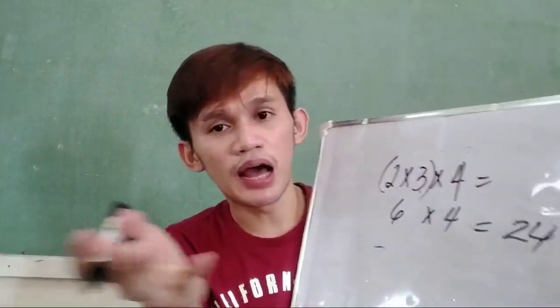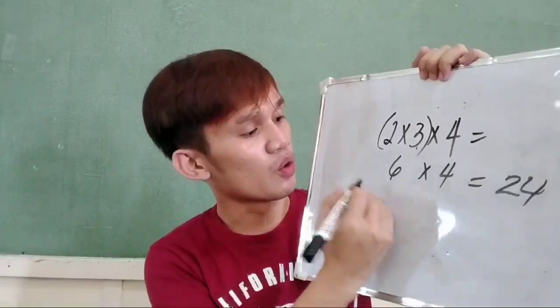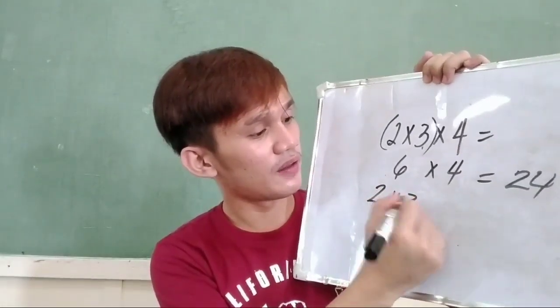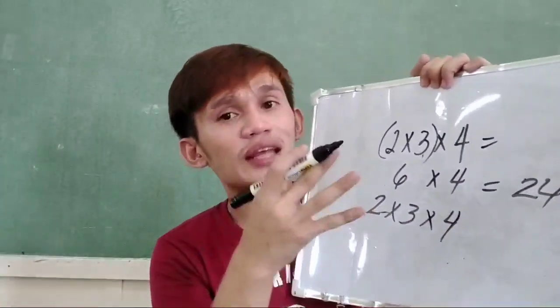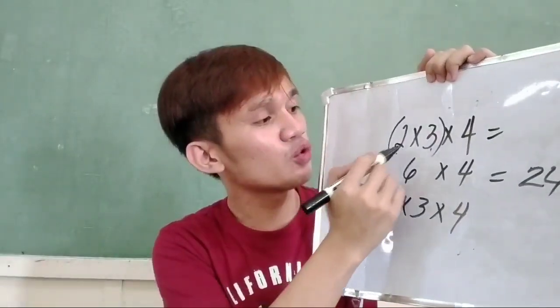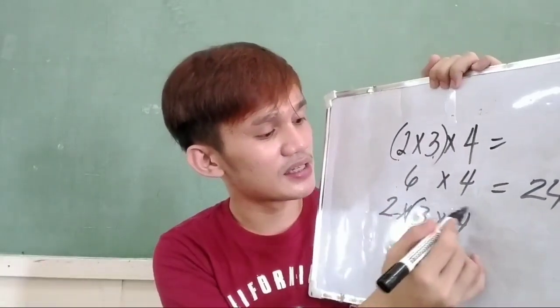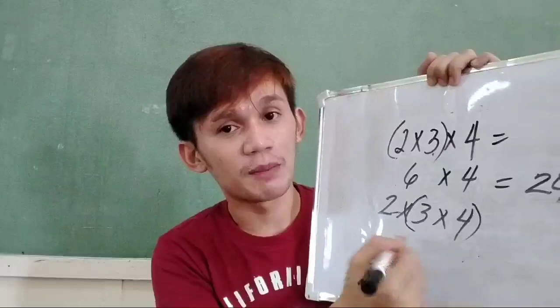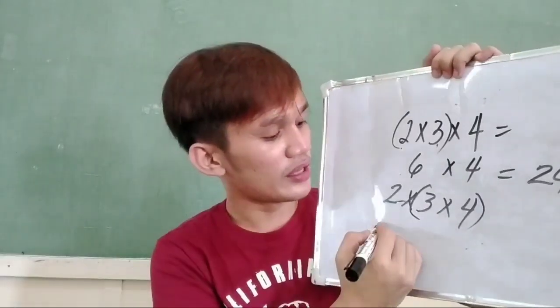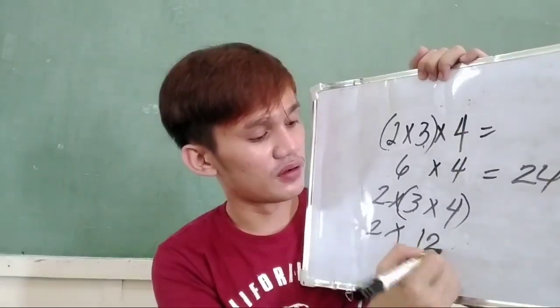Let us now apply the property and see if that is really true. 2 times 3 times 4. Let us change the groupings. From 2 times 3, which was grouped a while ago, this time let us group these numbers, 3 and 4, and bring down 2. 3 times 4 is 12.